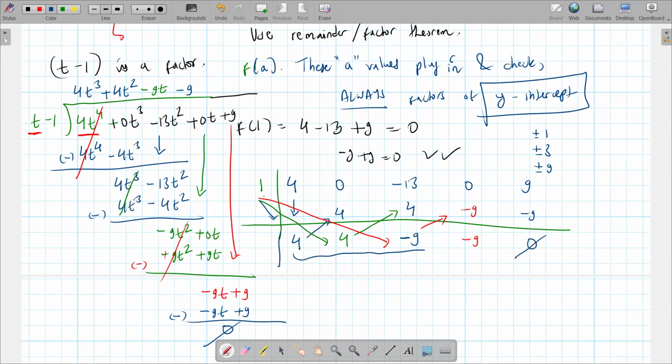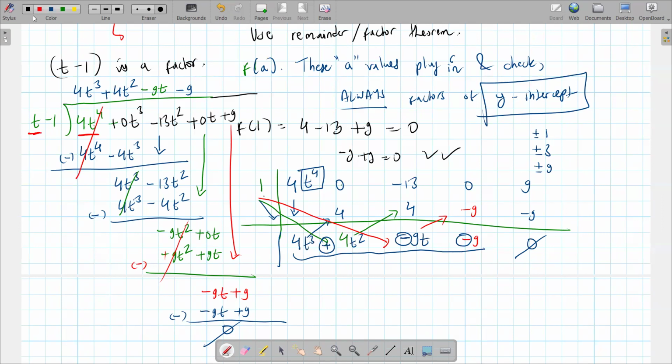And you see these are the coefficients. So we started with t to the 4. That means when you do synthetic division, the quotient will always be 1 power less. So that is 4t cubed, the sign here is plus, 4t squared, the sign here is minus, t, the sign here is minus.